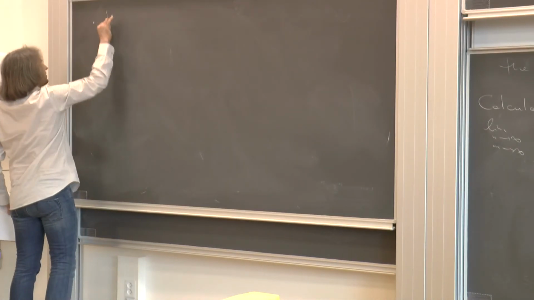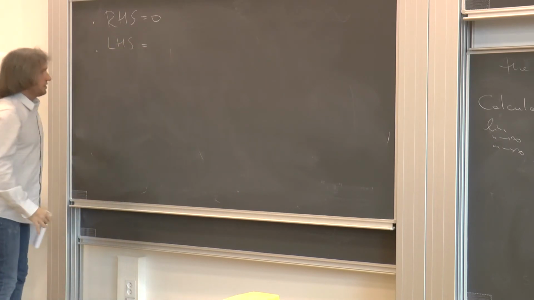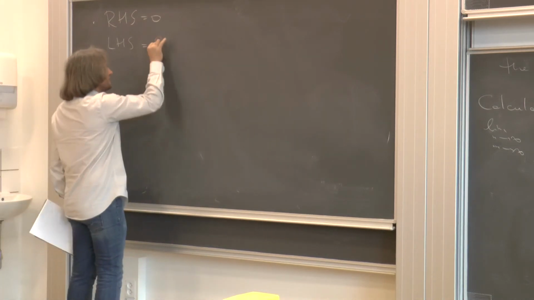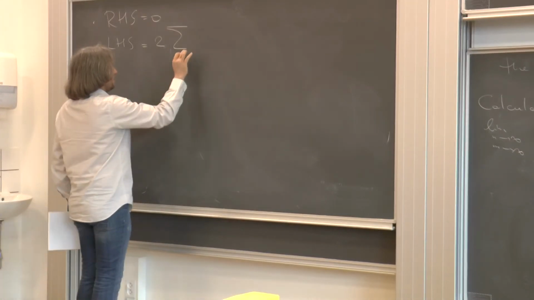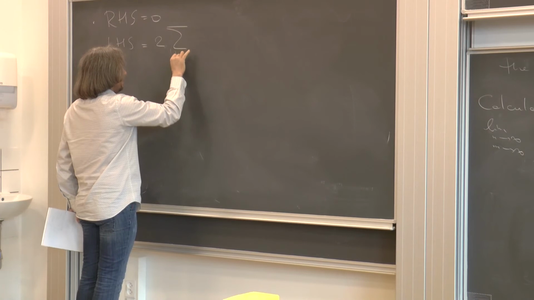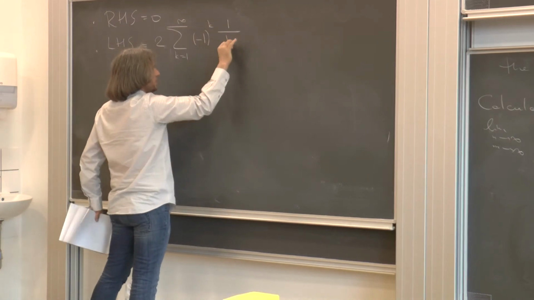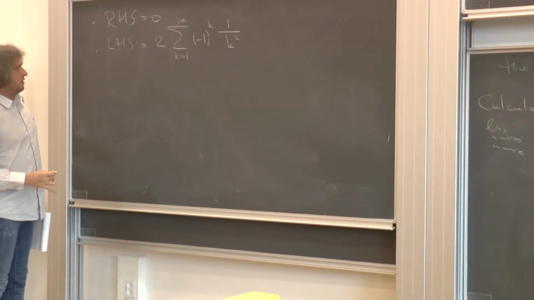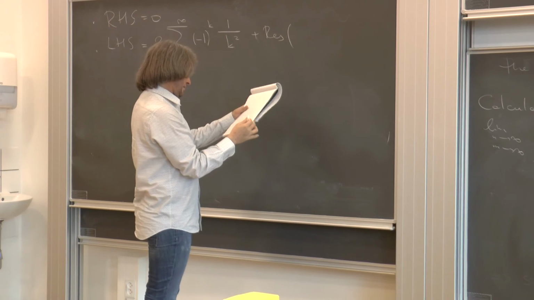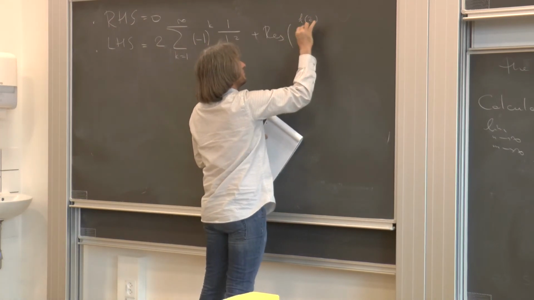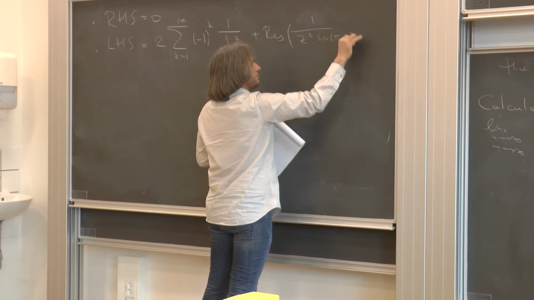Let me write this down. The right hand side is 0, but the left hand side is, since the function is even, twice the sum from k equals 1 to infinity of minus 1 to the k, 1 over k squared, plus the residue of this function at 0.